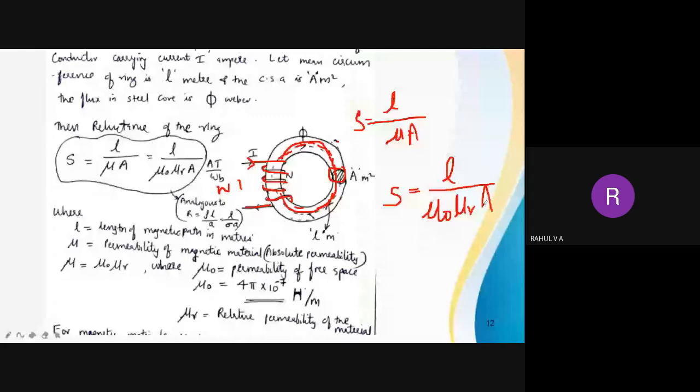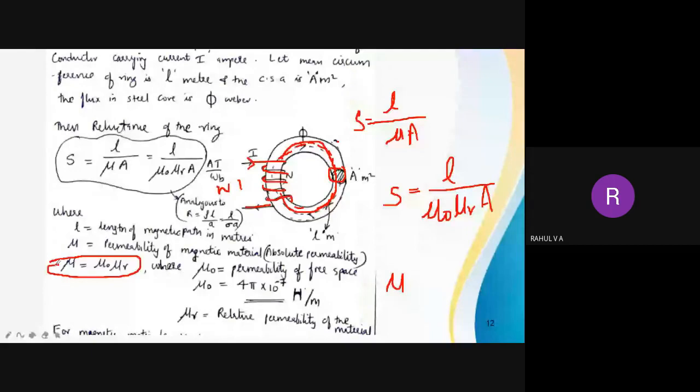So mu is equal to mu 0 mu R. Mu 0 is actually a constant, and its value is 4 pi into 10 raised to minus 7 Henry per meter.